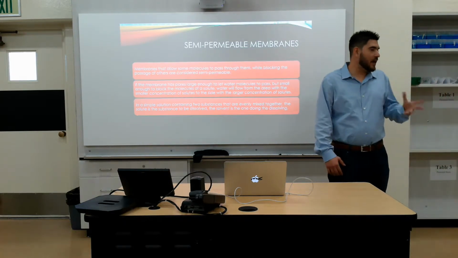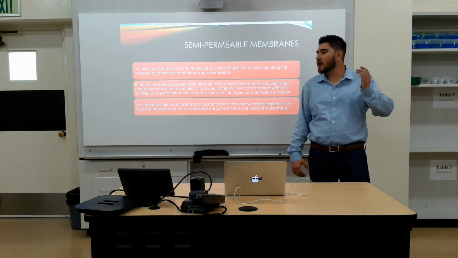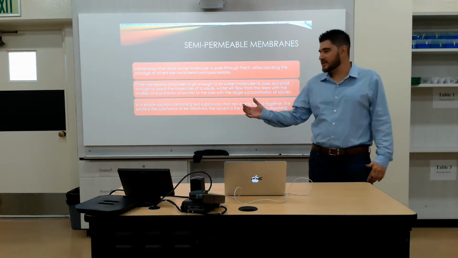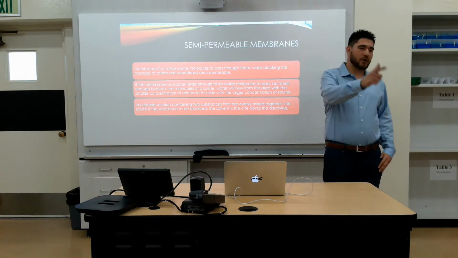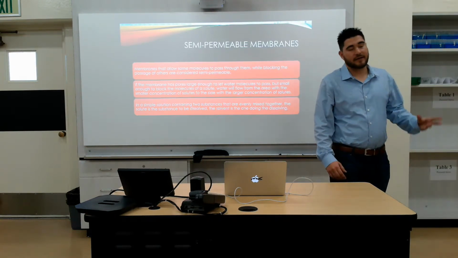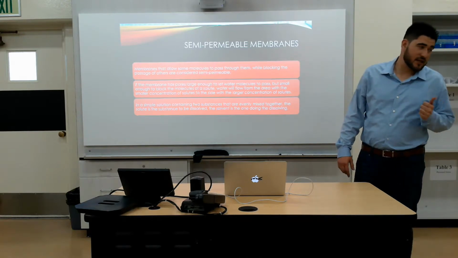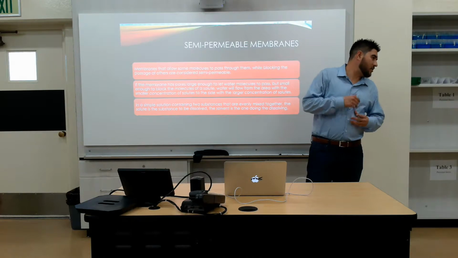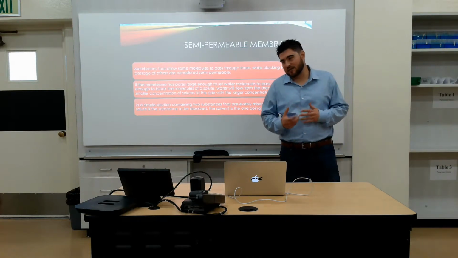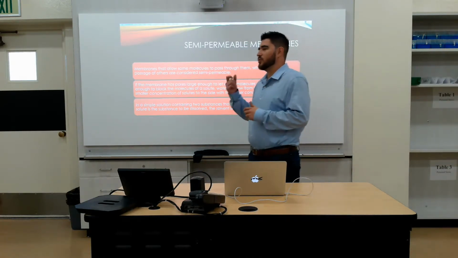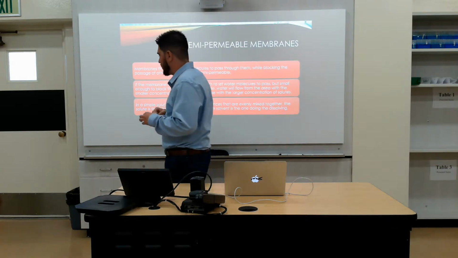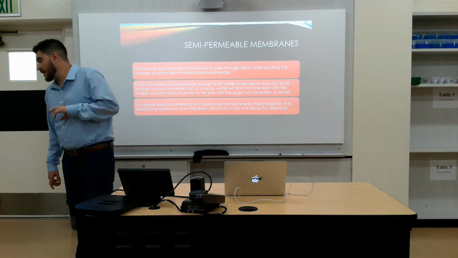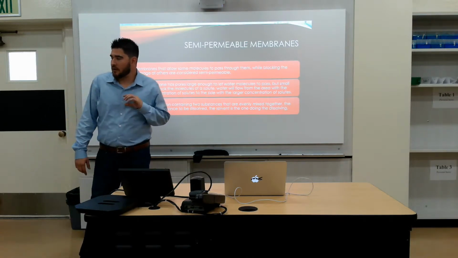Can you think of any examples of semi-permeable membranes that you have around your house? Any examples? Yep, what do you got? Okay, yep, that's a good example. Not the outside, right? Yeah, the inside. So we would remove the outside hard shell of an egg, dissolve that hard shell, and you're left with just an inner membrane.